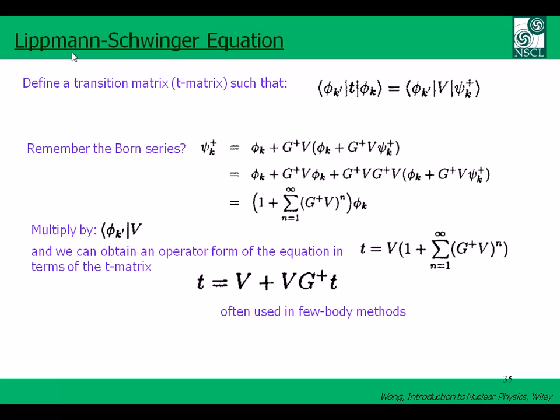So if I multiply on the left by that quantity, then what I get is a T. And what you get in the first term is just the V in this plane wave representation, or in this phi representation. And if you look at what you obtain from this equation, then you get T equals V plus VGT, which is the T matrix form for the Lippmann-Schwinger equation. So we're not going to use this, but I thought for some of you that might have overlap with the few body world, this is what is typically used.